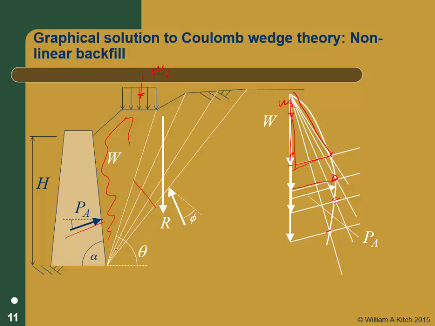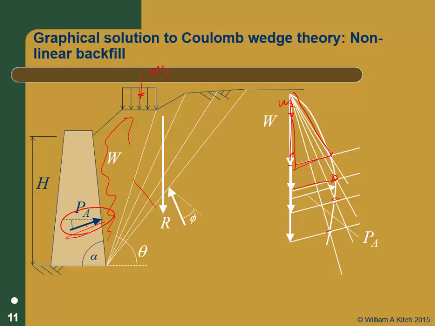Questions about Coulomb's theory? So what are the big differences between Coulomb's theory and Rankine's theory? Wall friction. This is the big one. And then we have the advantage that, since it's a summation of forces, we can do this graphical solution with it.